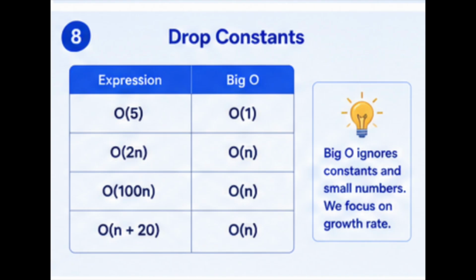Big O focuses on the growth pattern, not the exact count. Similarly, O(n plus 20) is still O(n) because those extra 20 operations don't become more significant as the input grows. Think of big O as looking at the bigger picture.